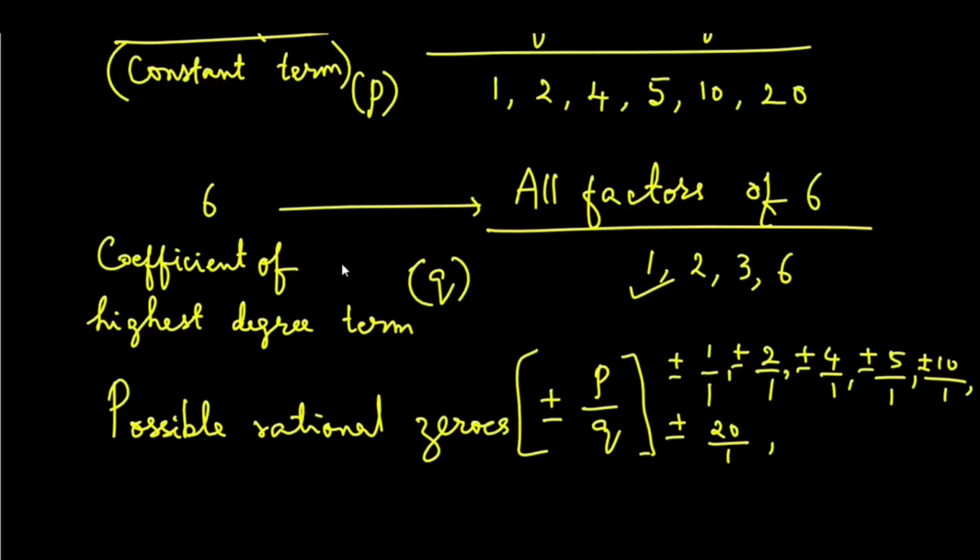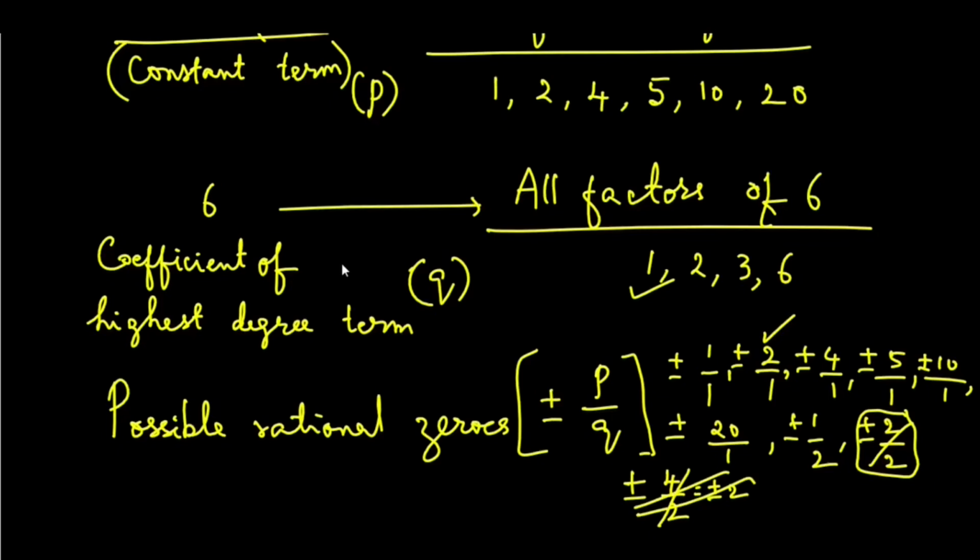We have completed division by 1. Now plus or minus 1 by 2, plus or minus 2 by 2. 2 by 2 is 1 by 1, so we did not take this. Then plus or minus 4 by 2. This is equal to plus or minus 2. We have already covered this one, so we need not take this also.